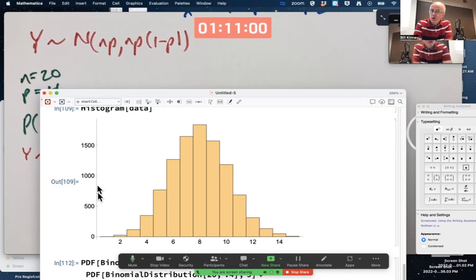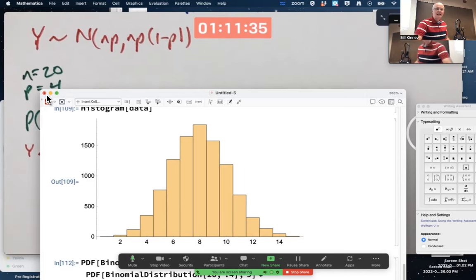But if I imagine these corresponded to probability densities, I would be trying to find the areas of these three bars. Those don't go from 8 to 10 under a normal curve. They go from 7.5 to 10.5, if I'm imagining the vertical scale as probability densities and the areas as probabilities.